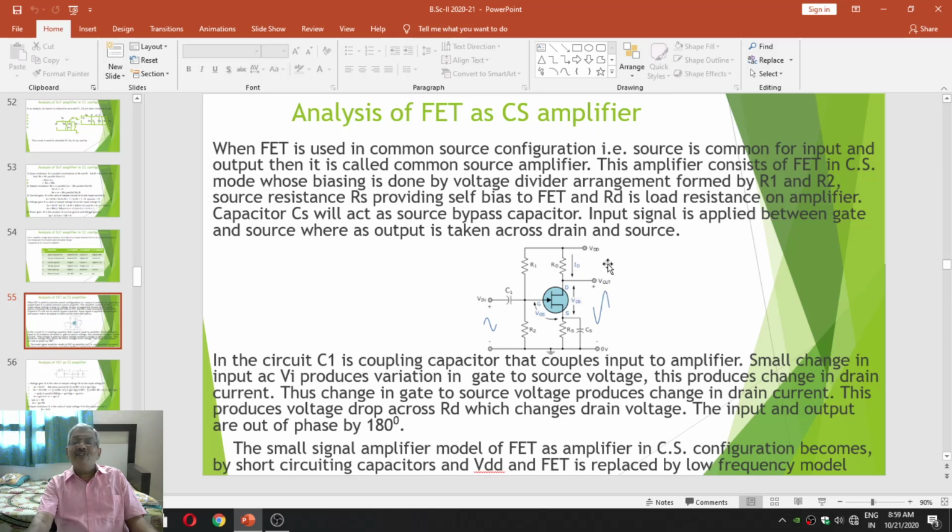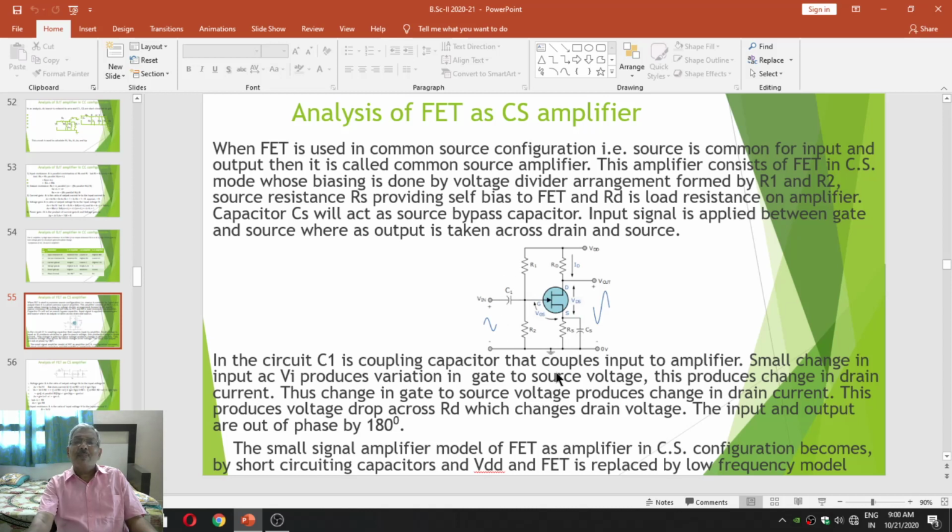Supply VDD is used to reverse bias the input junction and forward bias the output junction. Such a circuitry acts as an amplifier. Obviously, the input capacitor is used to couple the input with the gate of the field effect transistor.